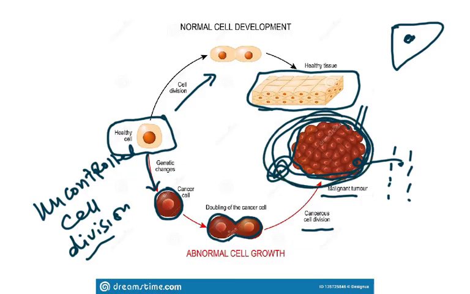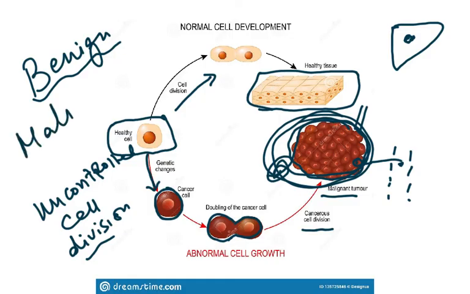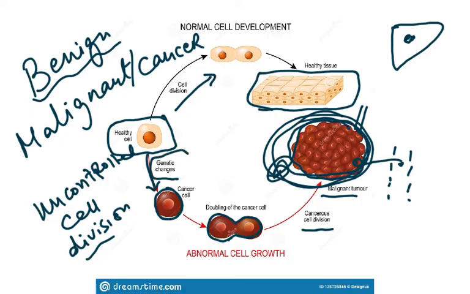But if this mass of cells does not spread, then it's a benign tumor. Benign tumors are not bad, they just occupy space, so we just need to remove them. But the ones which spread through the blood or the lymph are called malignant tumors, or cancers in layman's terms. So, what are cancers? They are just cells which have genetically changed and now result in uncontrolled cell division.